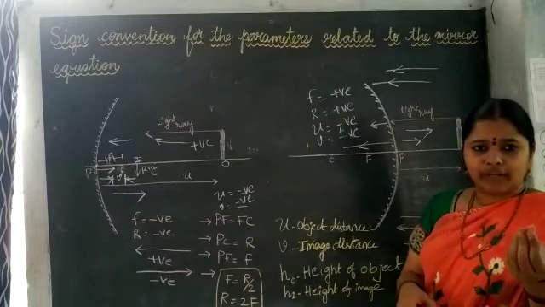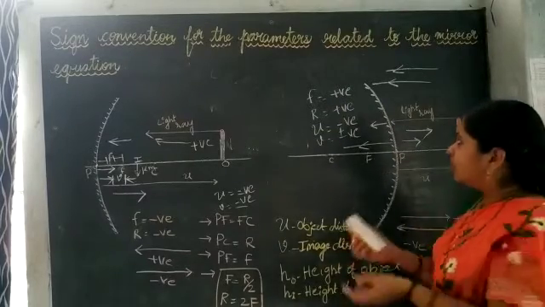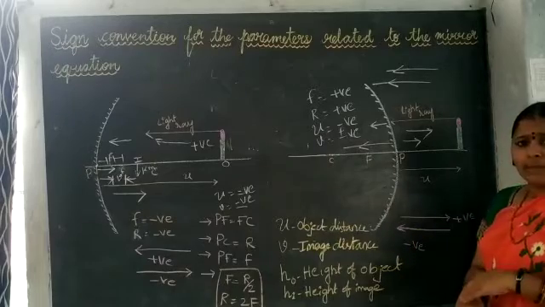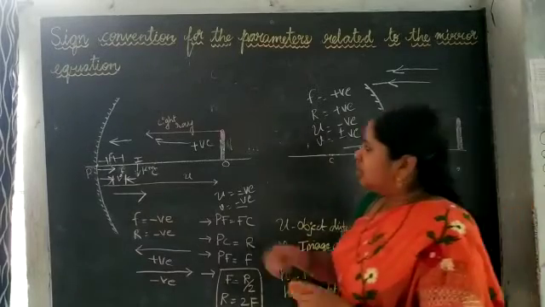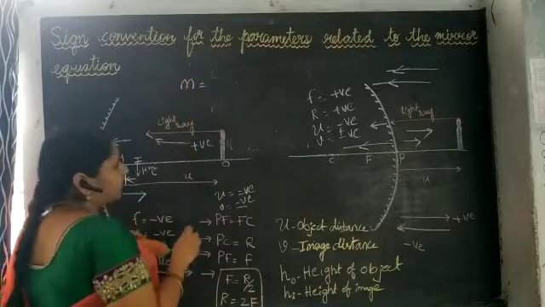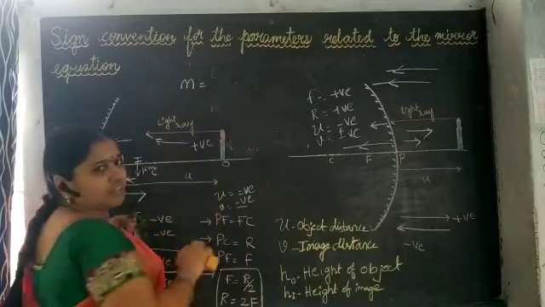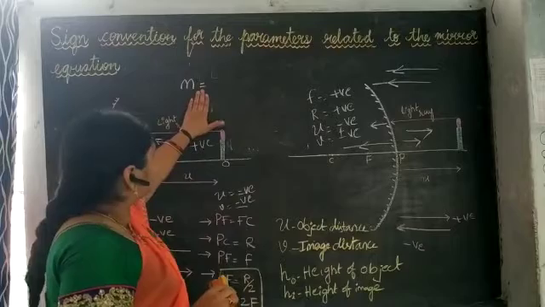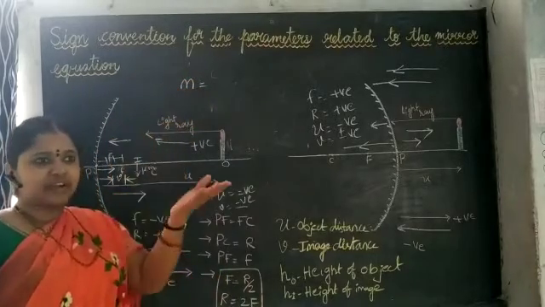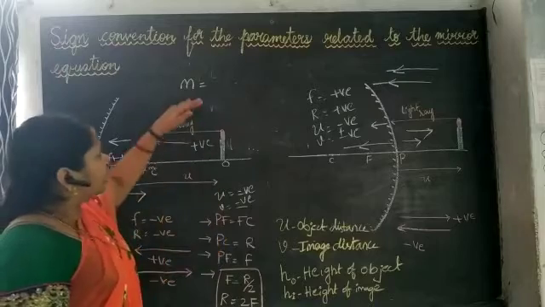The last topic of today's lesson is magnification. Let us conclude with the magnification. What is magnification? In our earlier classes we discussed magnified and diminished. So what is magnification?